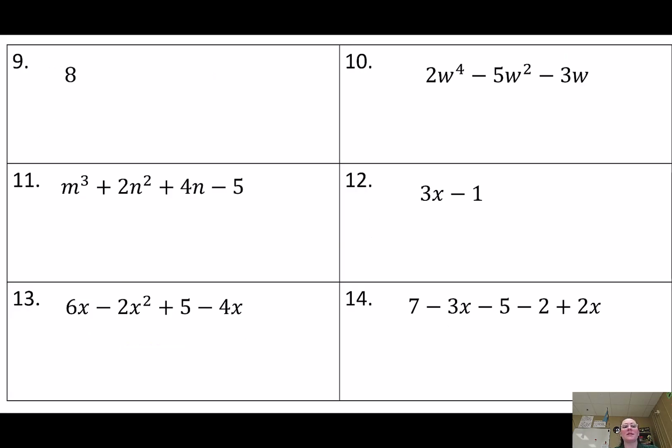So let's look at some examples here. If I've got just the number 8, that's a constant, right? Because we have no variable. And I have 1 term, so it's a monomial. Now looking at number 10 here, what's my largest exponent? That's a degree 4, so it's a quartic.